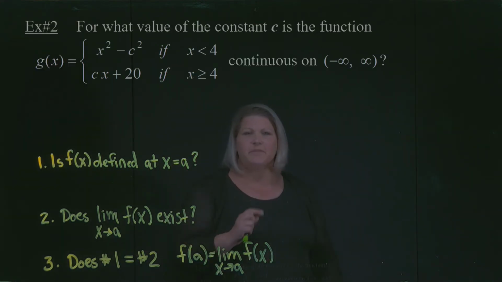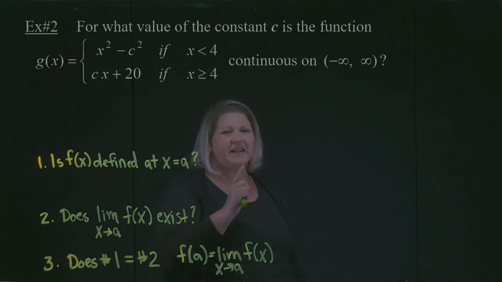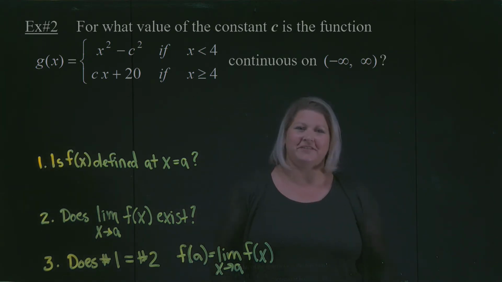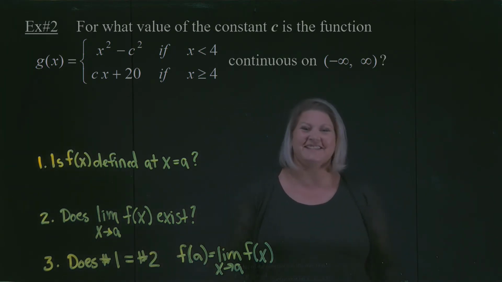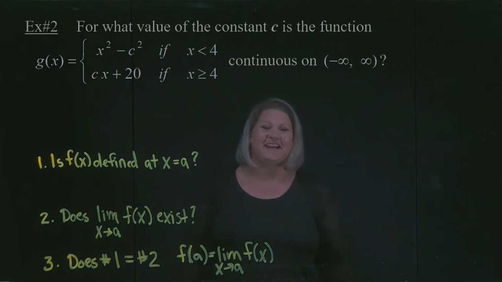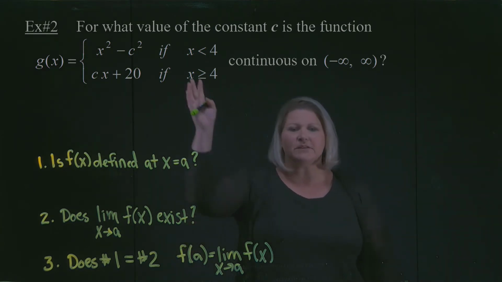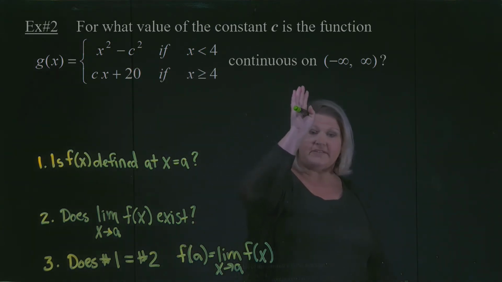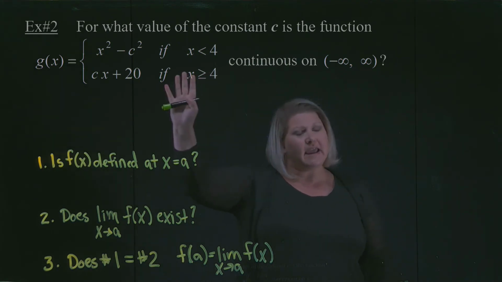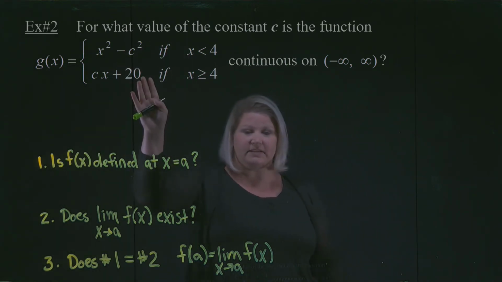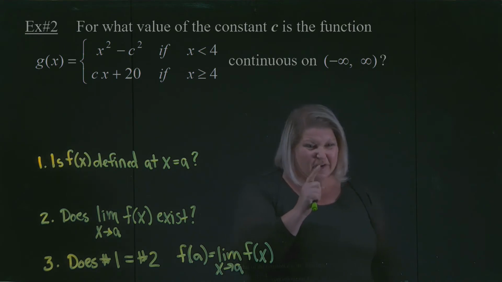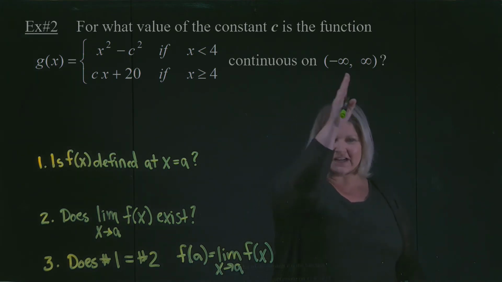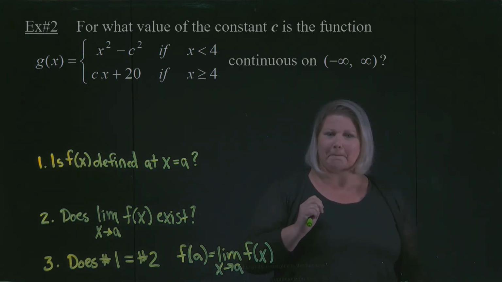This next problem is a twist on continuity, but it is extremely important. And it's kind of fun. Okay, we want to know for this piecewise function what value of c is going to make this function continuous on the interval of all real numbers from negative infinity to infinity.